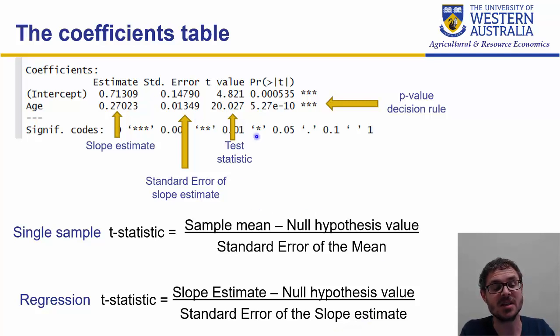Okay, so you can see R is going to report all this information. The bits that we need are the slope estimate and the p-value, to tell us whether they're different. And when you write your results table, you're also going to report the standard error. But you'll see that in due course.